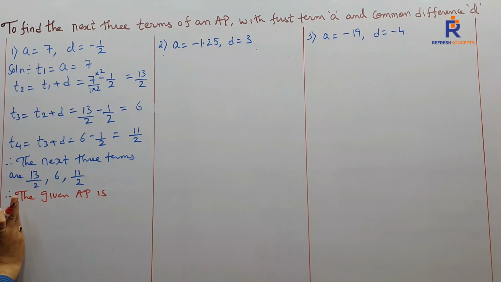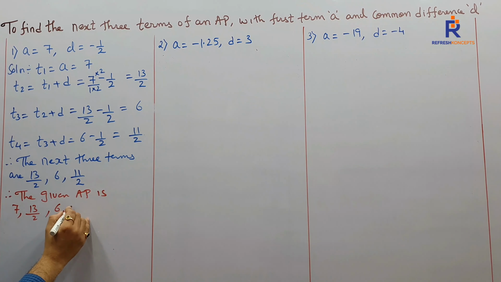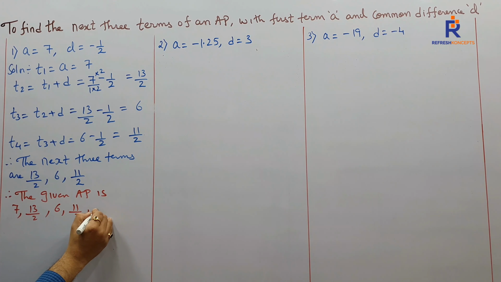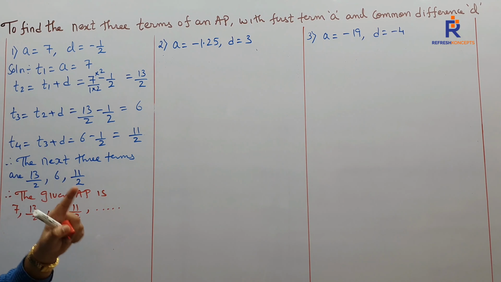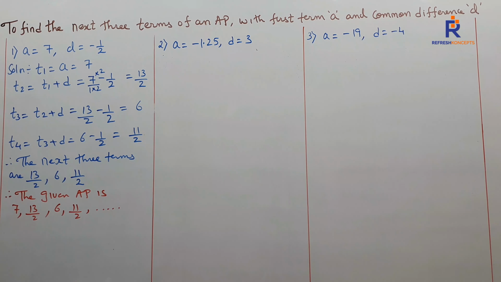Next T2, 13 by 2. Next T3, 6, 11 by 2, comma, dot, dot, because this can go further also. Though not asked in this question, there are many who might be thinking why sir is writing this. I am saying that if the question asks you to hence write the AP, then only we are going to write this. Are you getting me? So I have given you within one question two answers.